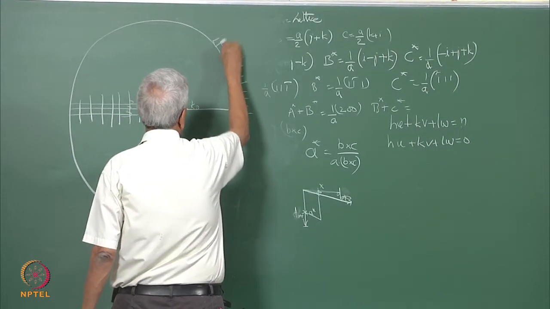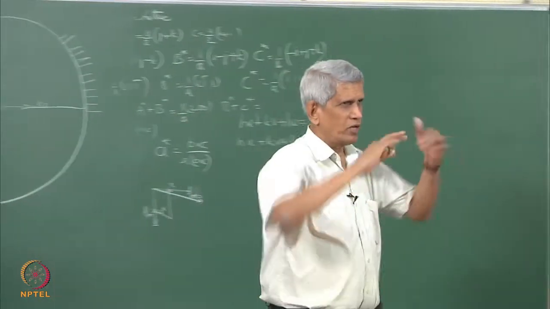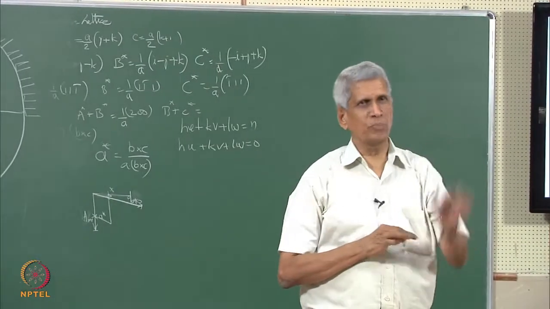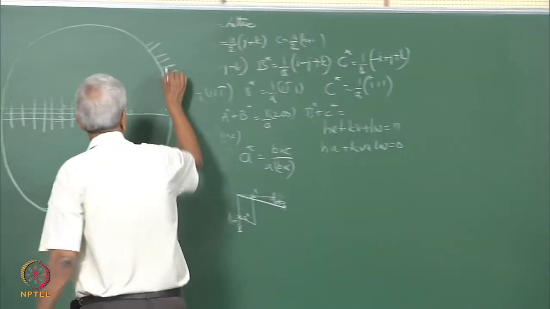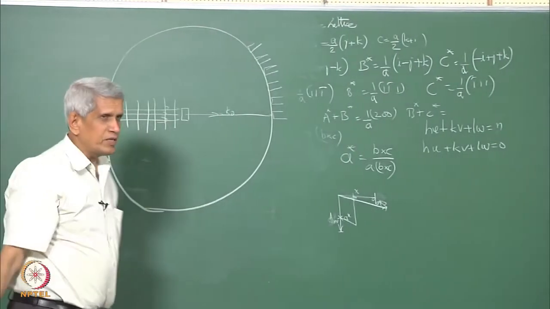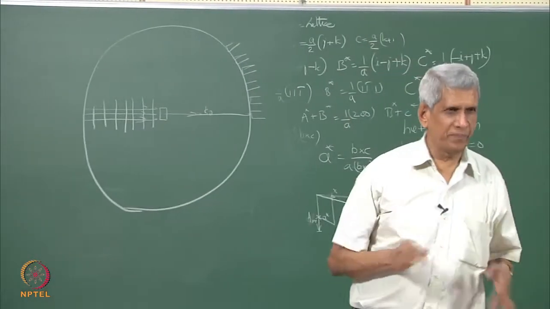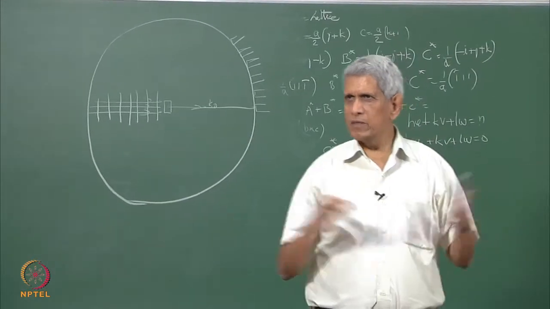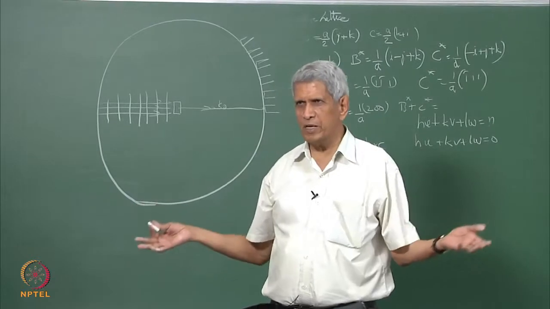I am only showing a cross section of it. If I move the detector, what will happen? At each position, the intensity which the detector is seeing will be different. In some regions it will reach a maximum, in some regions it may be 0, and some regions will have some intermediate value.